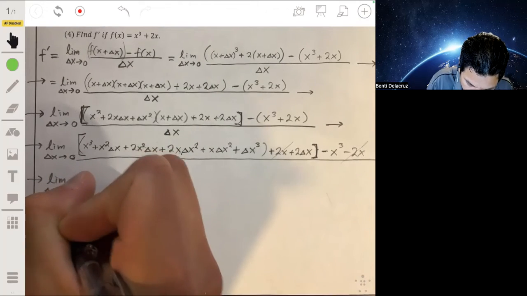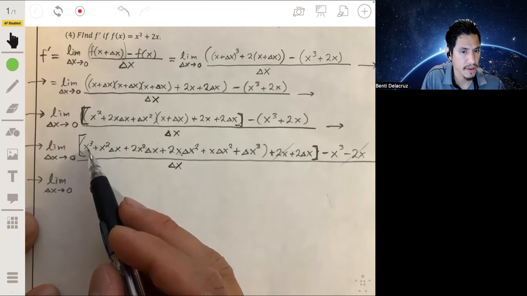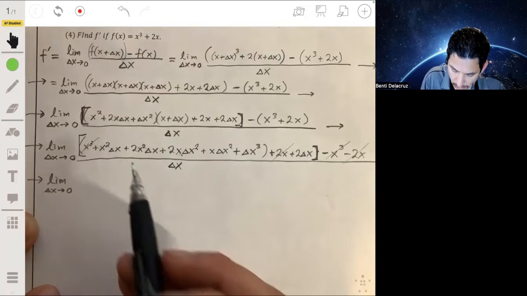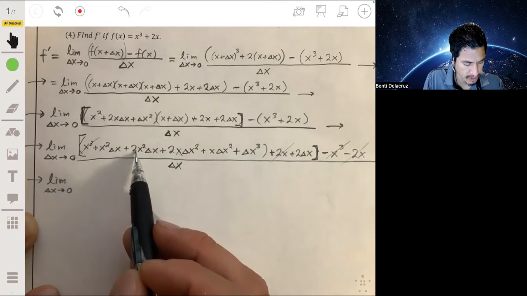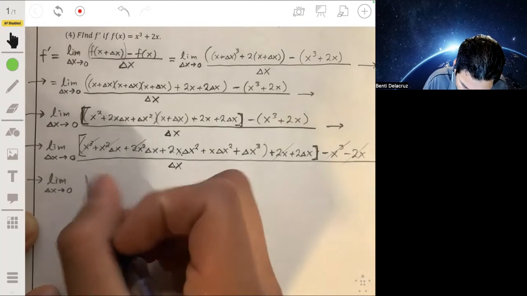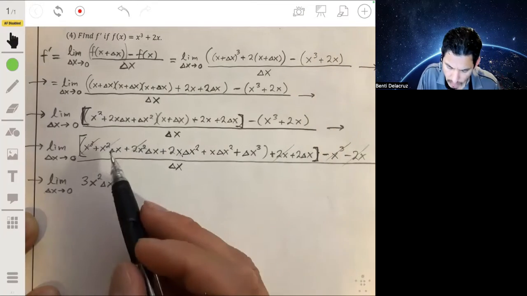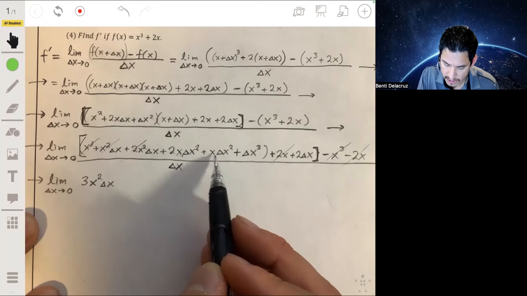So this will be equal to the limit as delta x goes to 0. Okay, we're going to have an x cubed that cancels out with a minus x cubed. And we have an x squared times the delta x. So x squared plus 2x squared, so then we're going to have 3x squared times delta x. All right, and then we have a 2x delta x squared plus an x delta x squared.